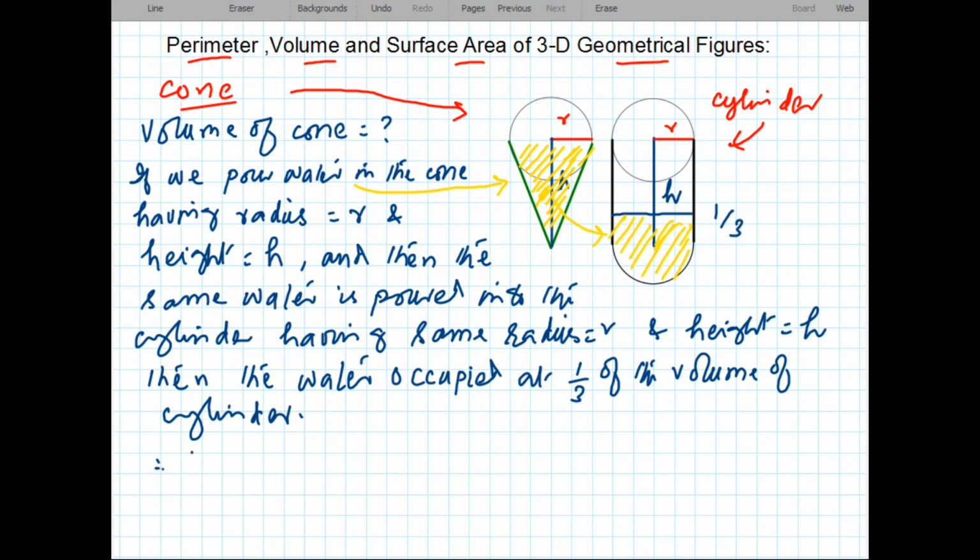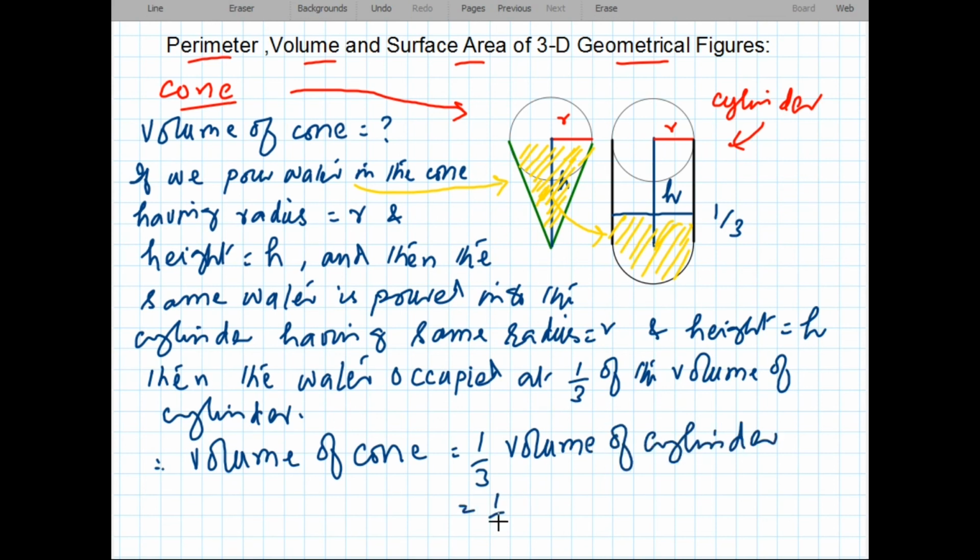Therefore, volume of cone is equal to 1/3 into volume of cylinder. This is equal to 1/3 into pi r square h.